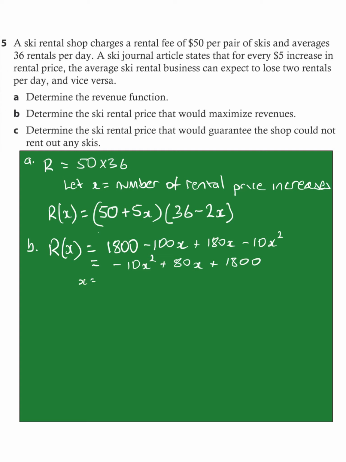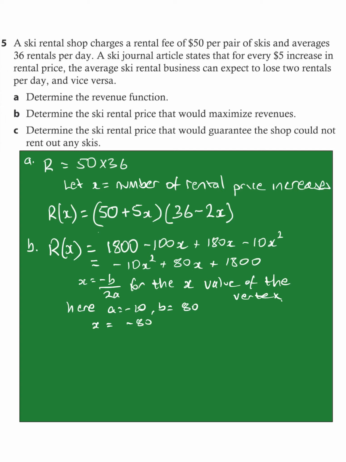So x equals minus b on 2a for the x value of the vertex. Here, a equals minus 10, b equals 80. Therefore, x equals minus 80 on 2 times minus 10, and that equals 4.